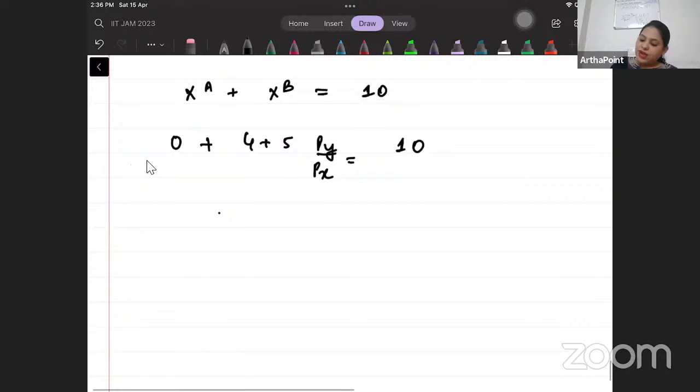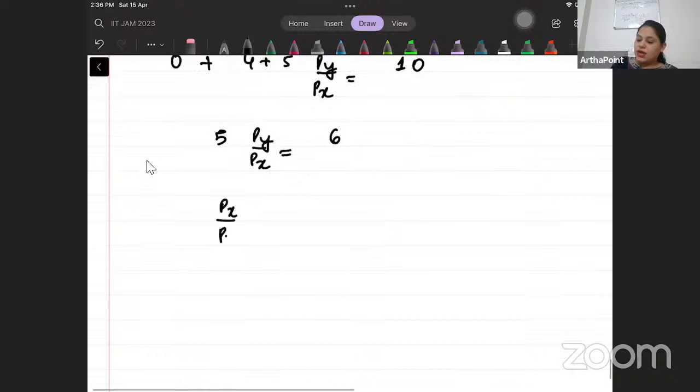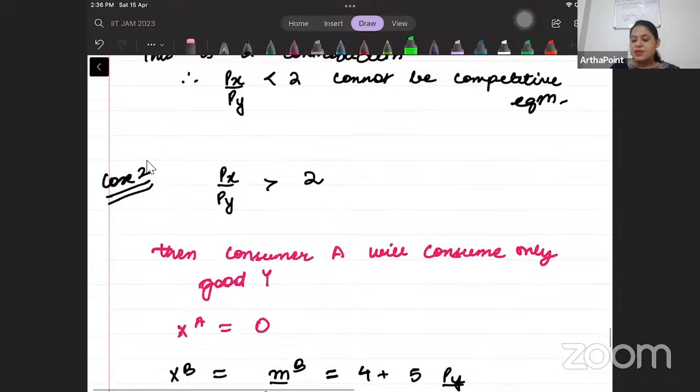So I have 5 py by px as 6. So I have px by py should be 5 by 6. But this is clearly less than 2. But we started our assumption by saying that px by py should be greater than 2.